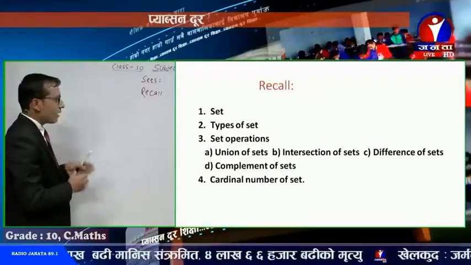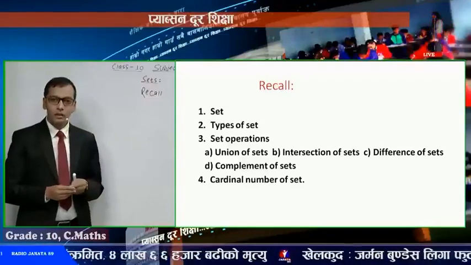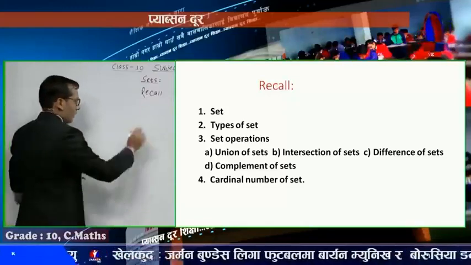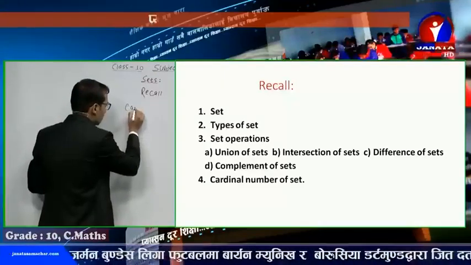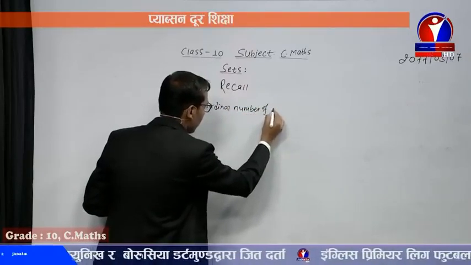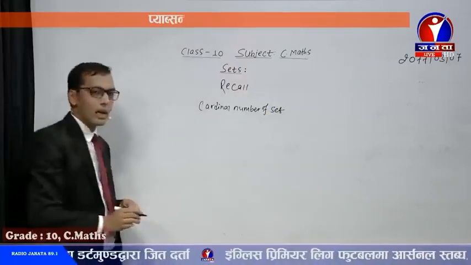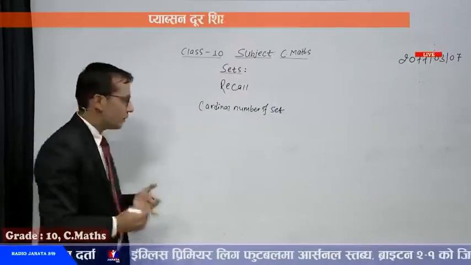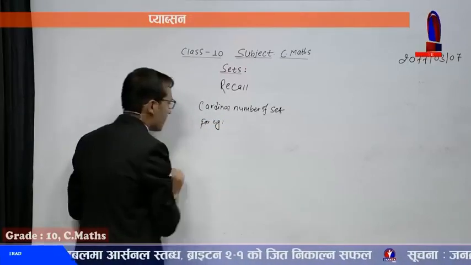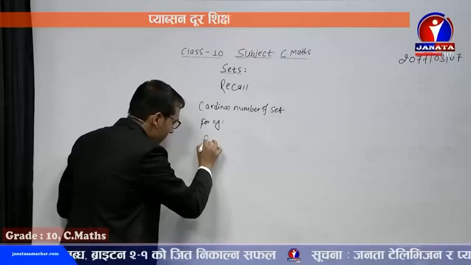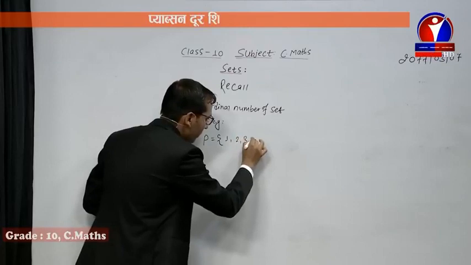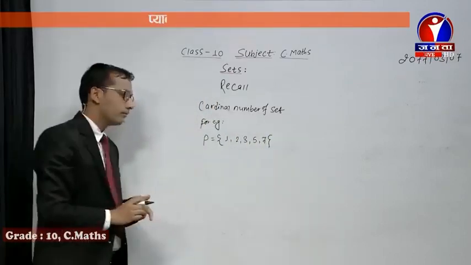Let me take an example to make it clear what the cardinal number of a set is. Cardinal number of set. For example, suppose set P has the elements 1, 2, 3, 5 and 7.